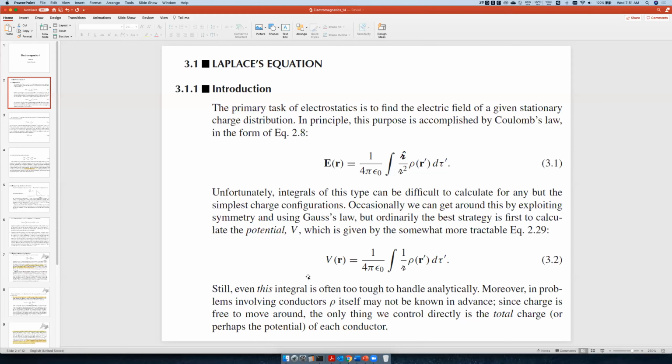And in some other cases, for example in problems involving conductors, the rho here itself may not be known in advance, because the charge density distributed on some materials is free to move around. So the only thing we control directly is the total charge of each conductor. That makes things even more difficult.